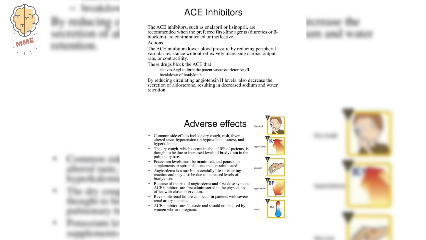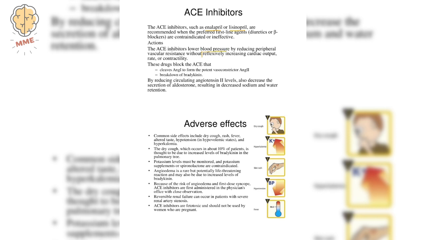Now, here are a few points that you should remember always. The ACE inhibitors, such as enalapril or lisinopril, are recommended as preferred first-line drugs when diuretics or beta blockers are contraindicated or ineffective. Actions: the ACE inhibitors lower blood pressure by reducing peripheral vascular resistance without reflexively increasing cardiac output.